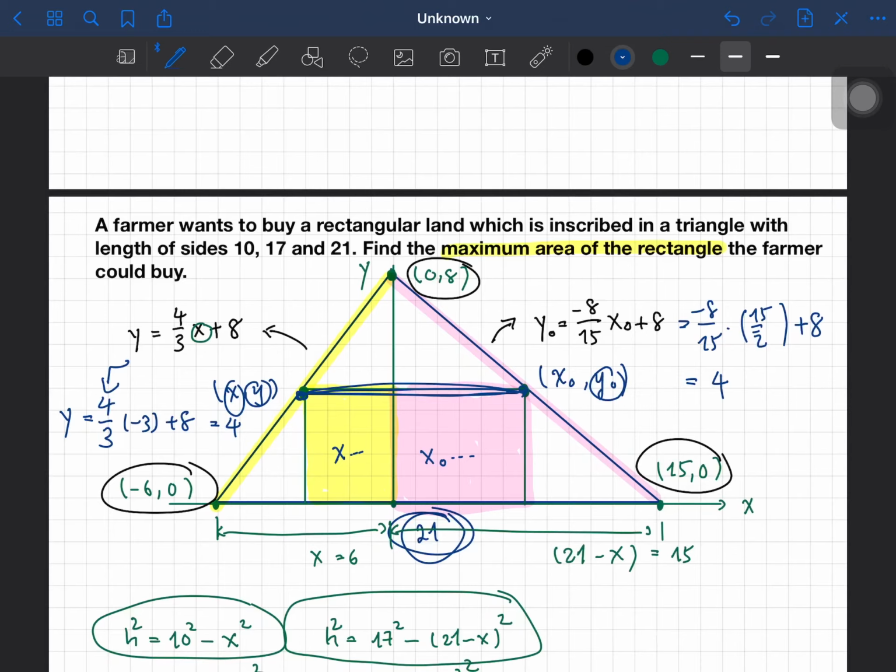And we can actually compute the maximum area of the rectangle by adding up the modulus of x with x naught, and then multiplying with either y or y naught.